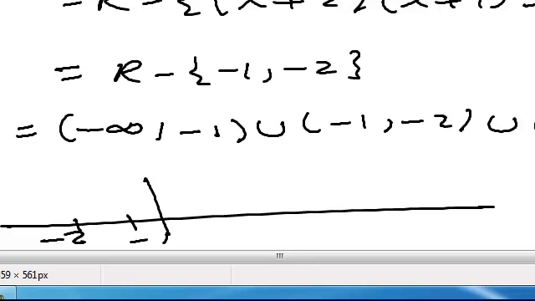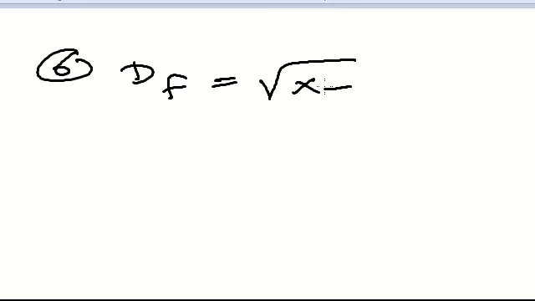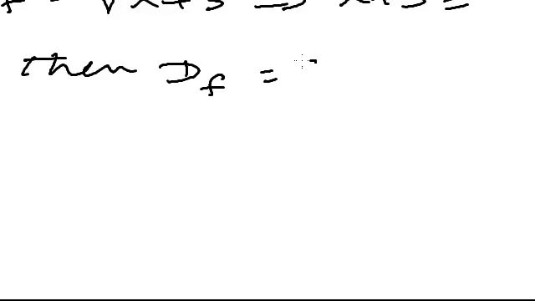Number 6, domain of f: square root x plus 3, x plus 3 greater than or equal to 0, x greater than or equal to minus 3, then domain of f equals minus 3 to infinity.